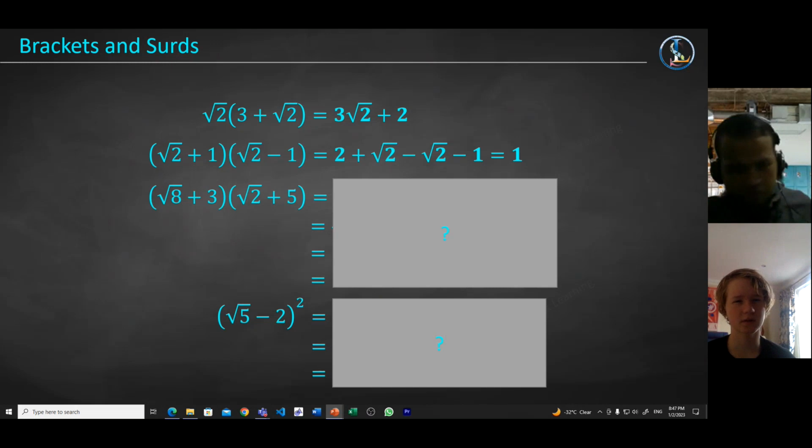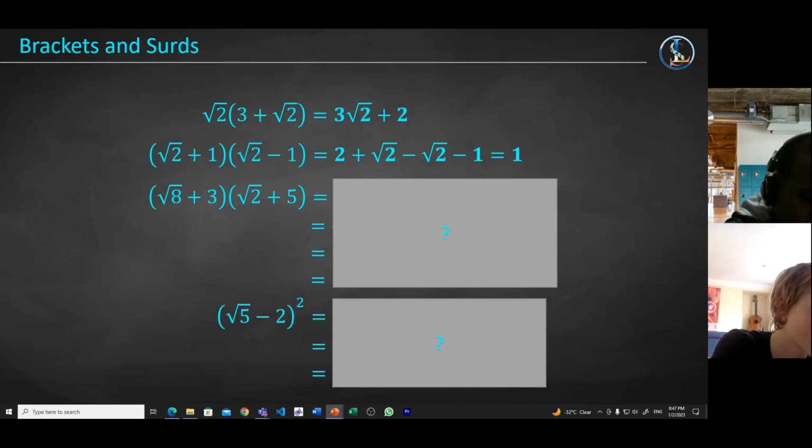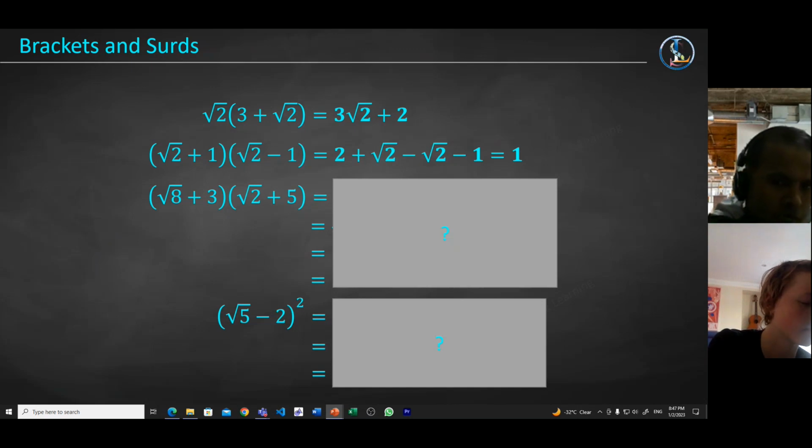Just be careful while multiplying, because if you do something wrong while multiplying, the entire result will be wrong.